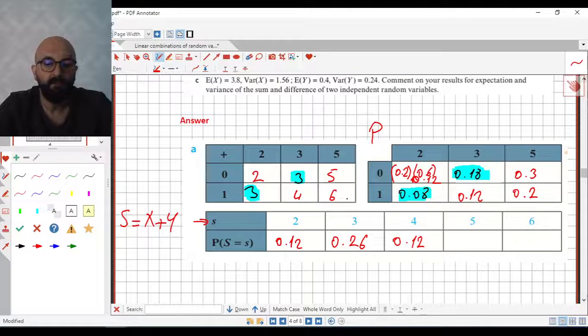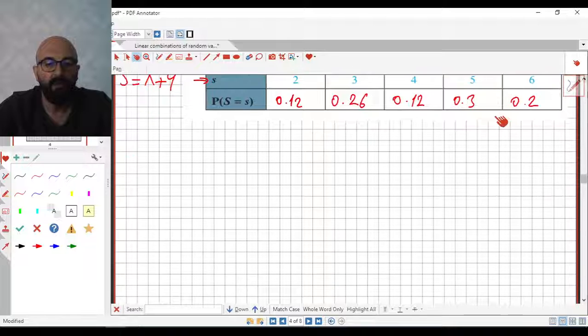For 5, it's 5 plus 0, so 0.3. And for 6, it means 5 plus 1, so 0.2.